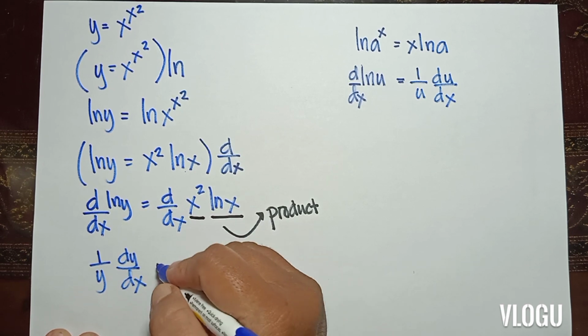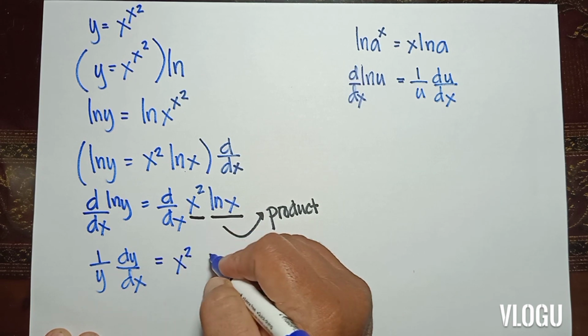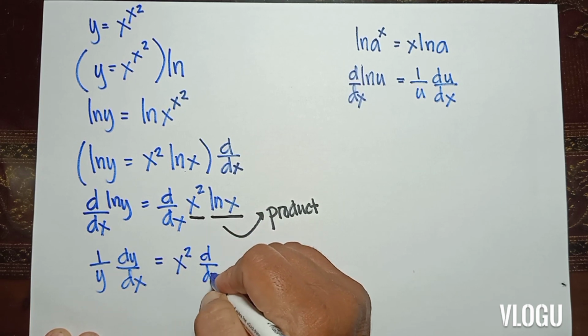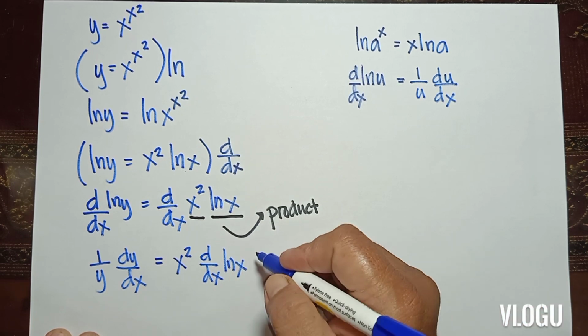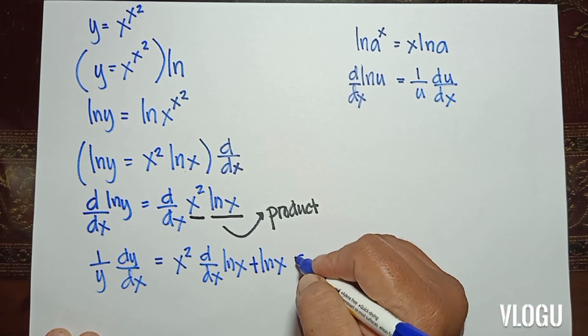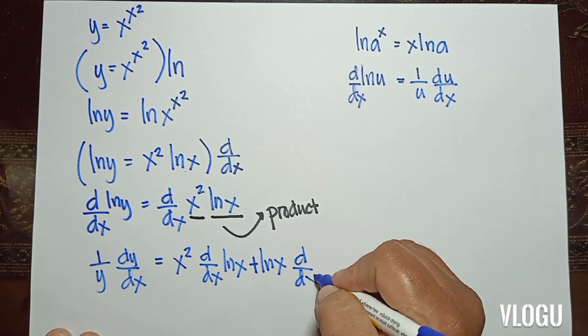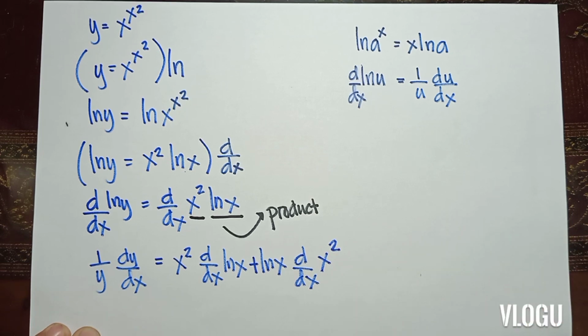Okay. Then this one, this is now a product. So therefore, you will have x squared d dx of ln of x, plus ln of x d dx of x squared. Okay. We have that form.